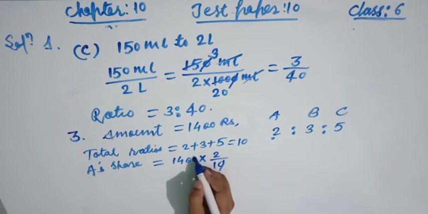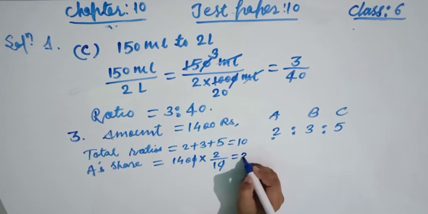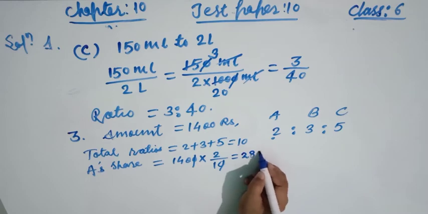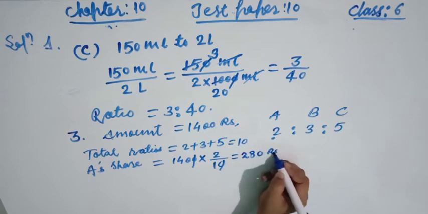So this 0 will get cancelled, so this is 280 rupees. This is the first answer.